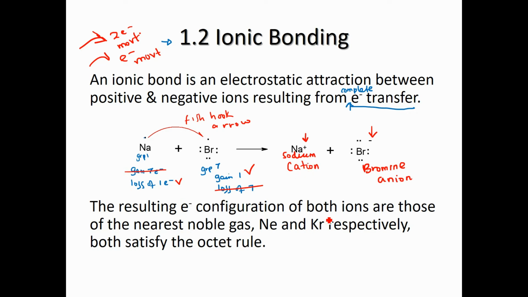The resulting electron configuration of both ions are those of the nearest noble gas, because remember, for sodium, which has atomic number of 11, you have 1s2, 2s2, 2p6, and then you have 3s1.